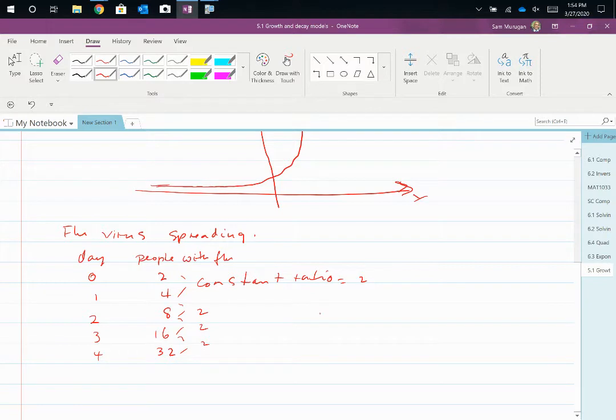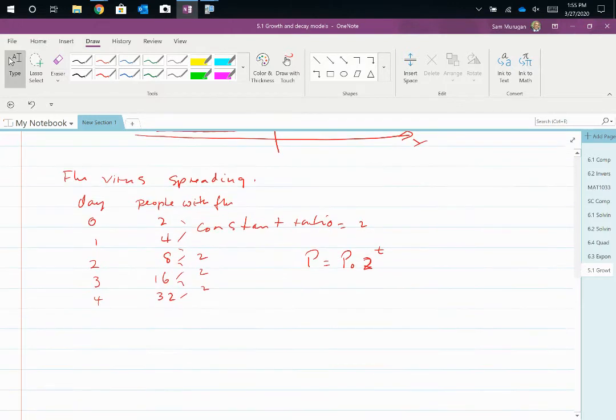So our model here would be population is population times 2 to some time, okay? And we can put that time as x. So I want to show you what happens here. At day 0, 2 people had the flu.